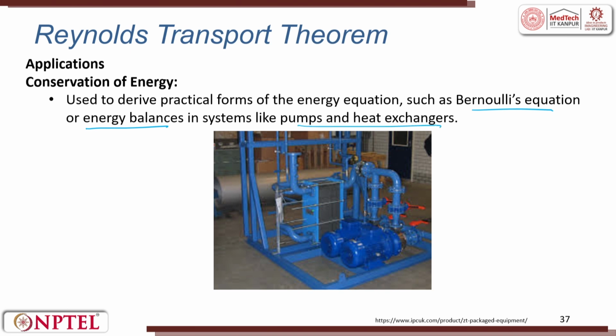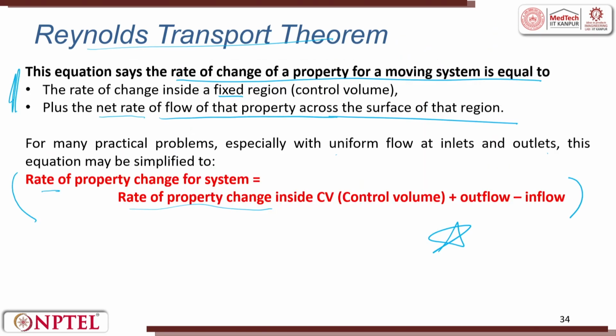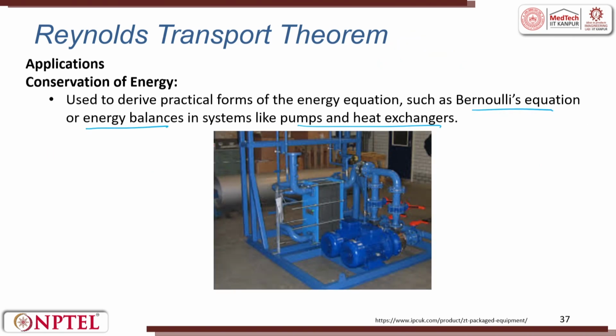RTT links the rate of property change for a system to the rate of property change inside the CV plus outflow minus inflow. This is RTT. So, you see the applications: conservation of mass, momentum, and energy.